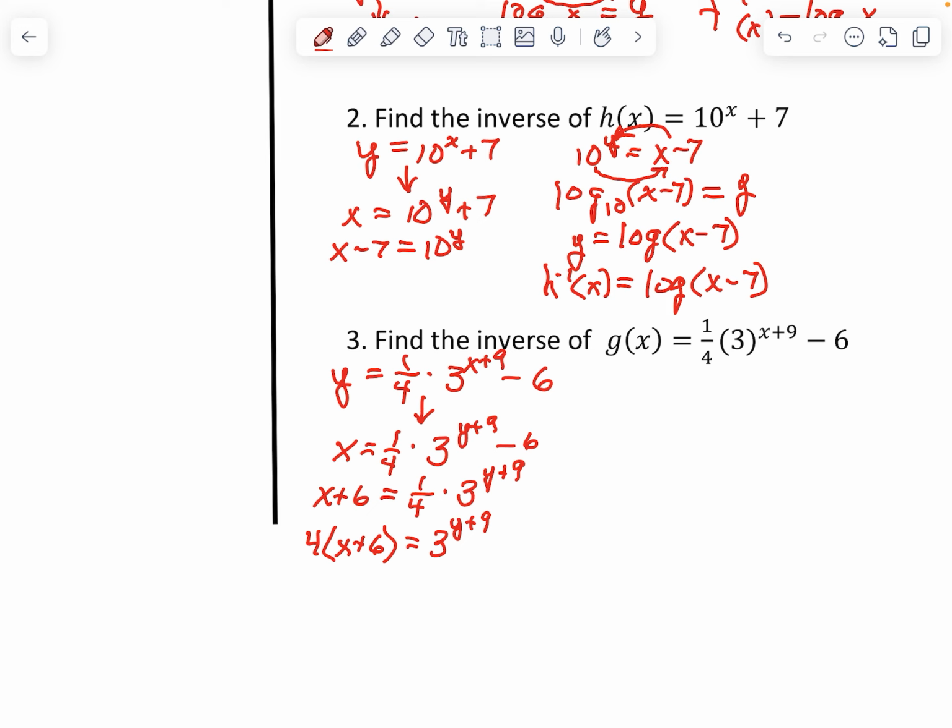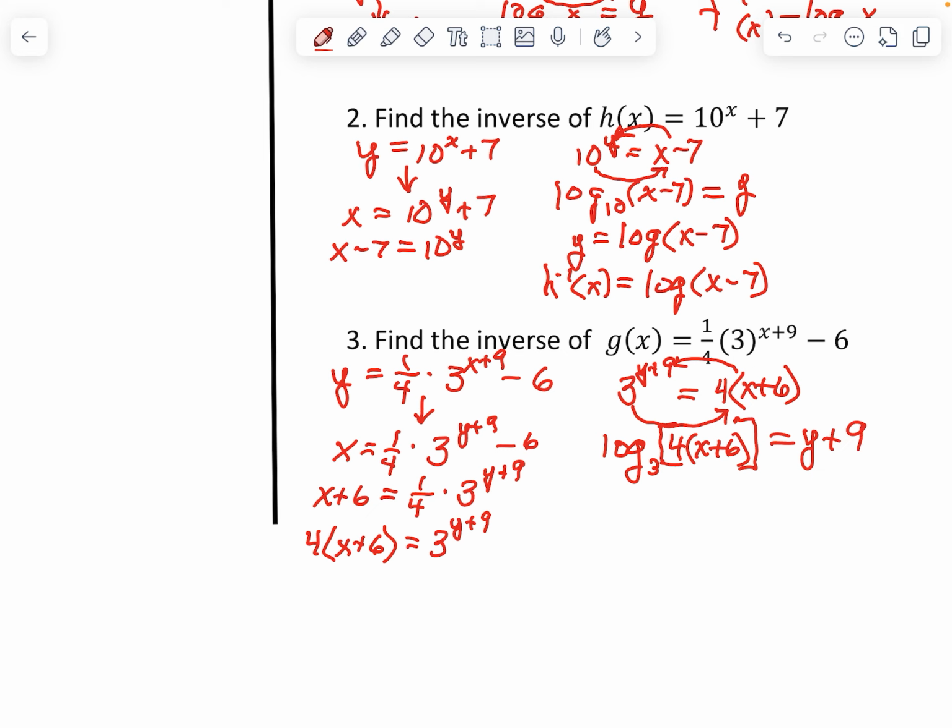All right, next step, we want to get the variable out of the exponent. So we'll rewrite it on the left side. And then I'll go ahead and take the log, and then I have log base 3 of the 4 times x plus 6. It might be helpful to put the whole thing in brackets to show that we have the whole thing inside of the log, and that's going to equal the exponent y plus 9.